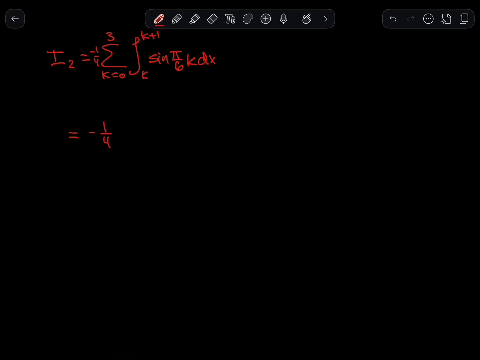We'll write it there, times the integrals of 0 to 1, where sine of 0 is just 0, so we'll get 0 dx plus the integral from 1 to 2 of sine pi by 6 k dx, and then plus the integral from 2 to 3 of sine of 2 pi by 6, which is just pi over 3 dx.